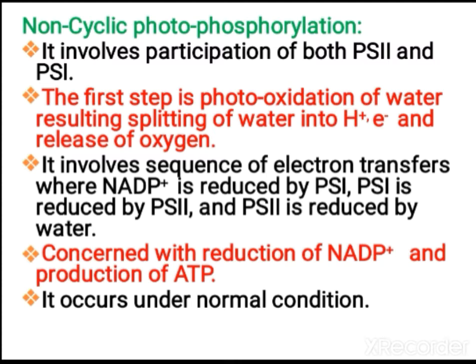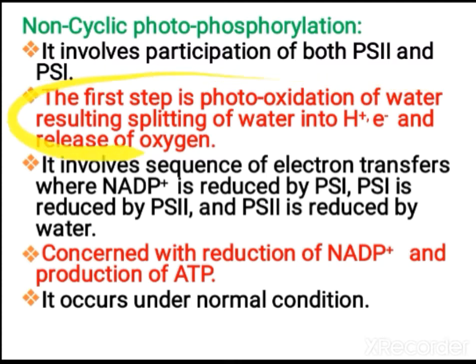Non-cyclic phosphorylation involves both PS1 and PS2, photosystem 1 and photosystem 2. Cyclic phosphorylation involved only one, and there was no photo-oxidation of water.